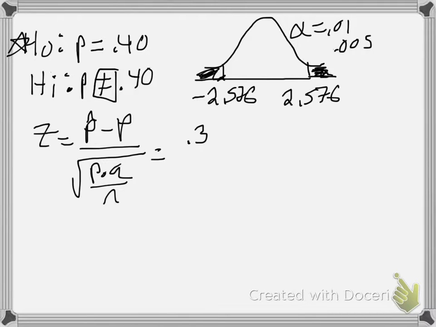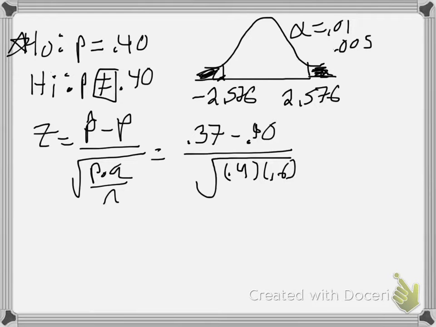That's 0.37 minus 0.4 all over 0.4 times 0.6 divided by n, which happens to be 100. So that gives us negative 0.61.